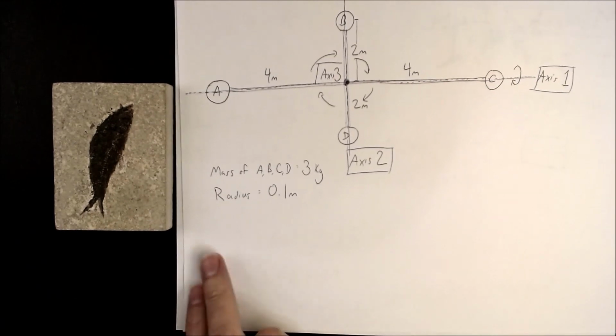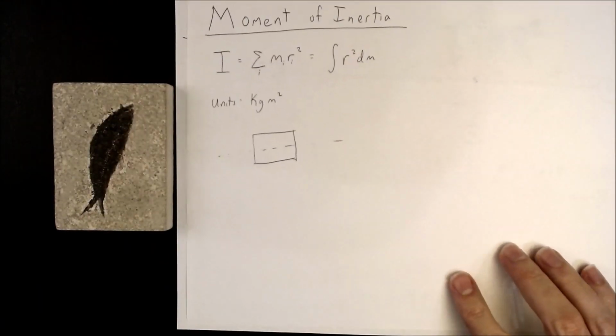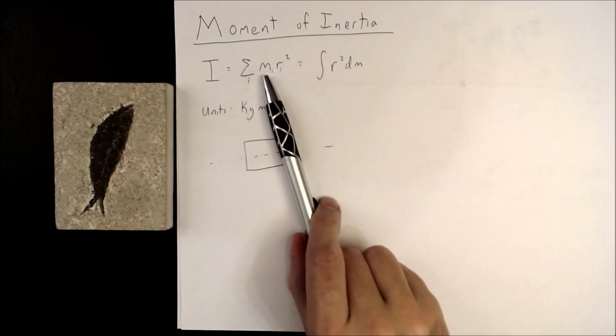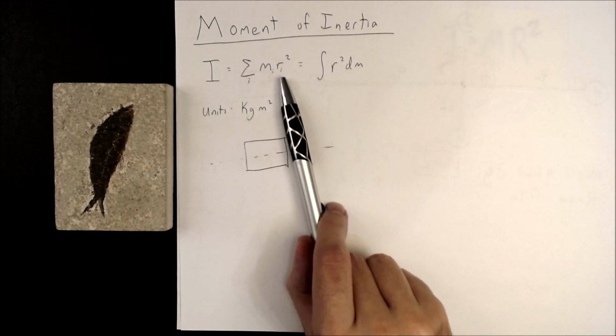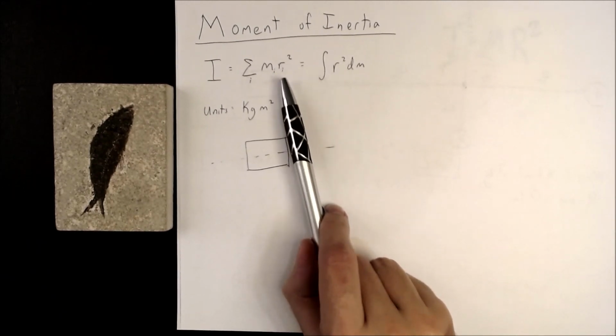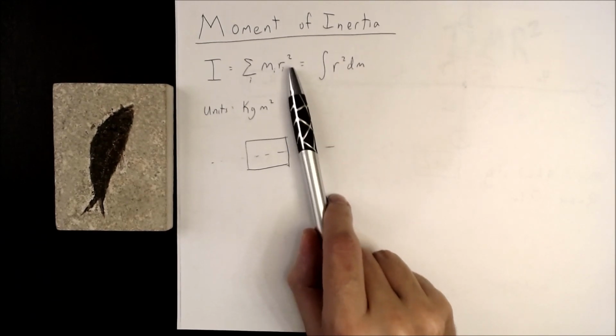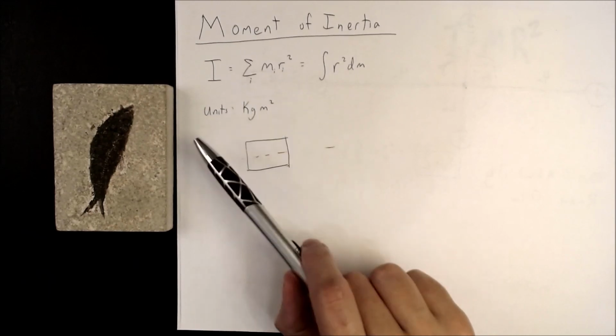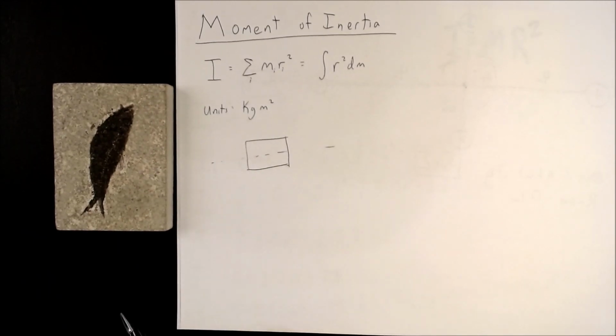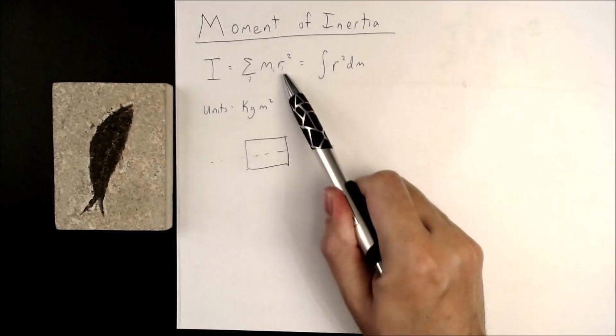Increasing the mass of that object will increase the moment of inertia, but more importantly, increasing the radius will increase the moment of inertia even more because it gets squared. So if you're trying to make something difficult to rotate, then you want large radii and also a large mass, but the large radii is going to end up being the most important thing. If you want an object to be easy to rotate, then you want to have small radius.